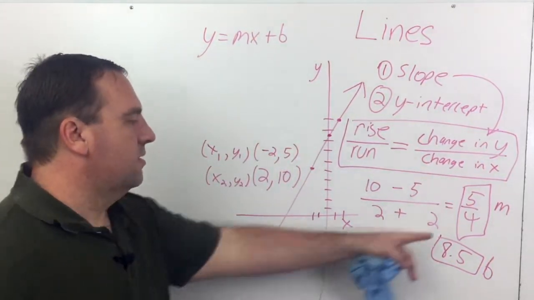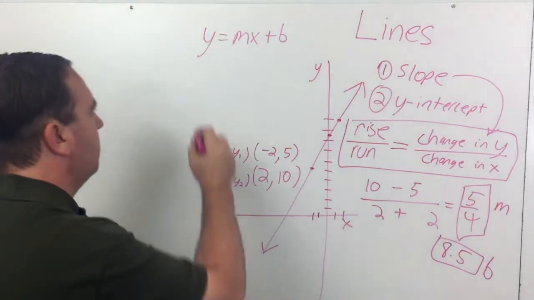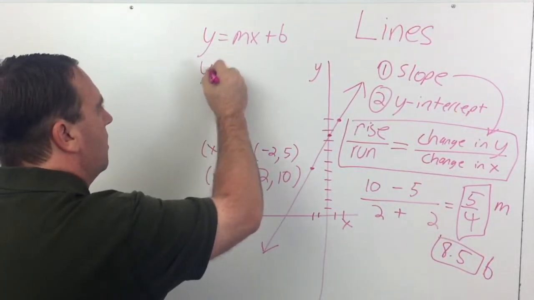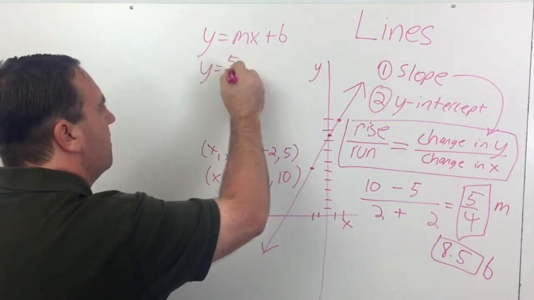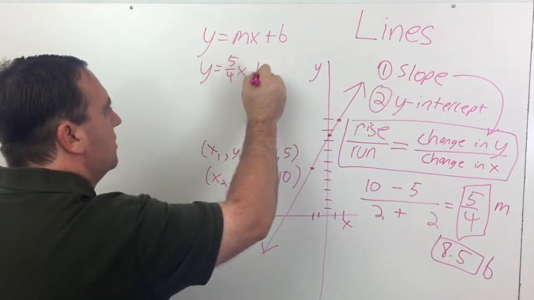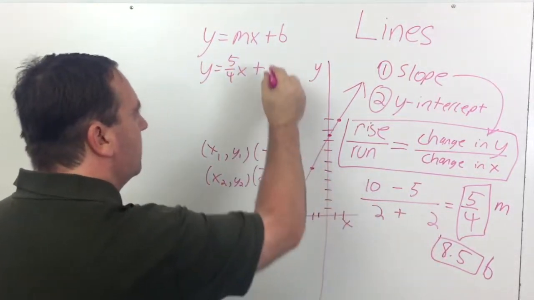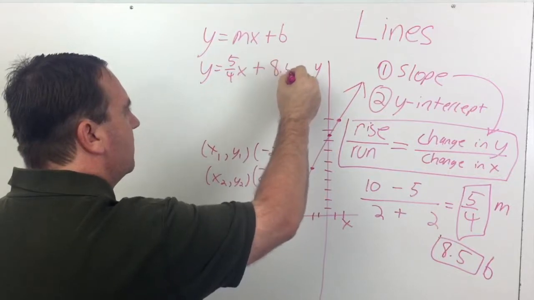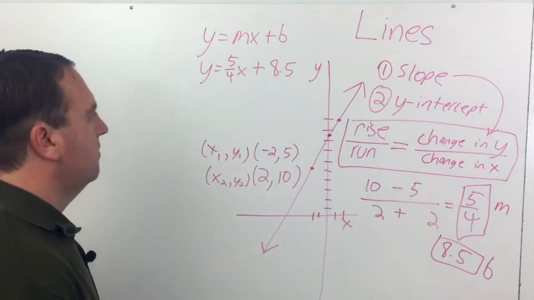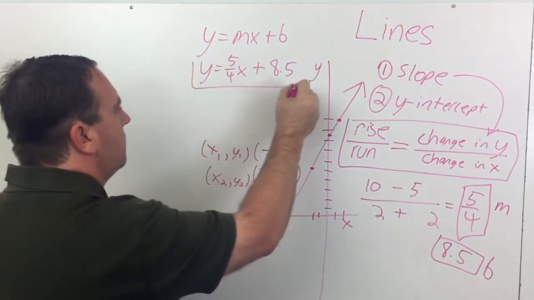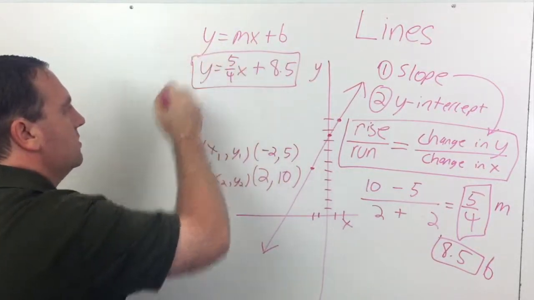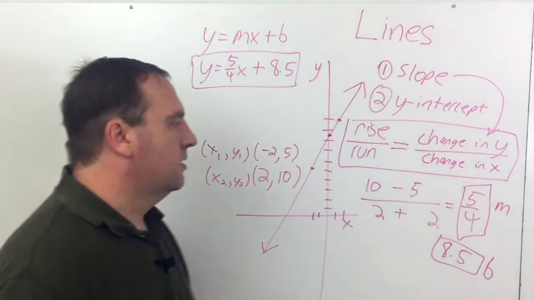And so in our case, y equals 5/4 x plus 8.5. So this is the equation for our line.